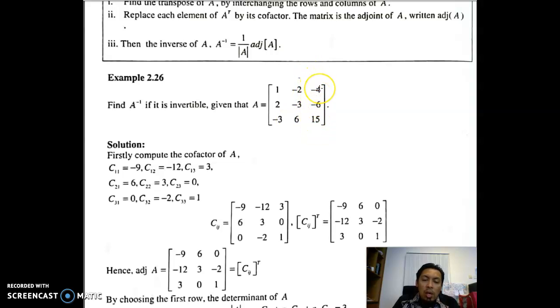Because later in calculating the determinant, the minor for each of these elements, for example for -4, this will be the calculation for the minor. For negative 6, this will be the calculation for the minor, and for 15, this will be the calculation for its minor. As you can see, they only involve small numbers, so it eases our calculation. If we choose maybe this, later it will involve big numbers, so it might be a little bit complex to calculate. Not really complicated, but we just want to make things easy.